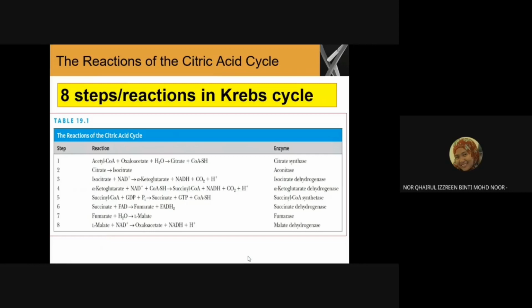Step number 7 is fumarate and water molecule producing L-malate, catalyzed by the enzyme fumarase. And the final step is L-malate and NAD plus producing oxaloacetate, NADH and H plus ion, catalyzed by malate dehydrogenase.